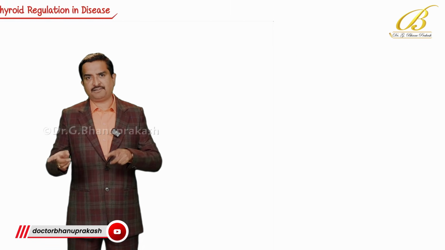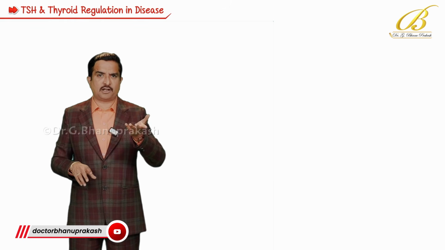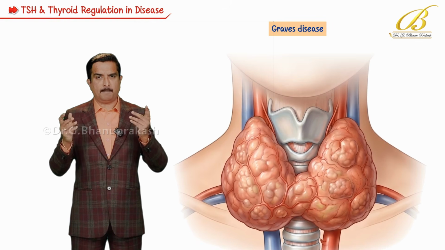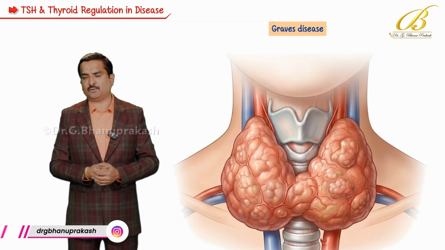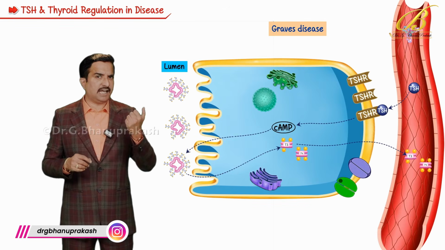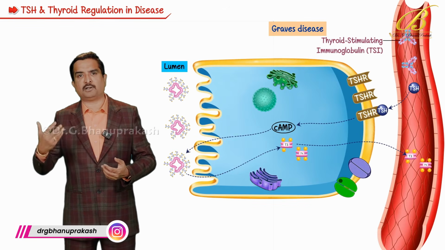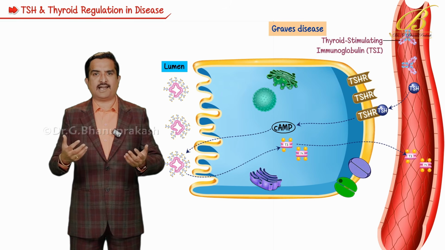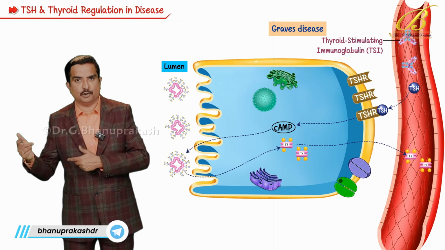Now, TSH and thyroid regulation in disease states. Let's talk about Graves' disease. I'm only talking about the physiological perspective here; pathology you are going to study elsewhere. Graves' disease is a classical example of disrupted regulation. The body produces TSH receptor stimulating autoantibodies, also known as TSI, thyroid stimulating immunoglobulin.